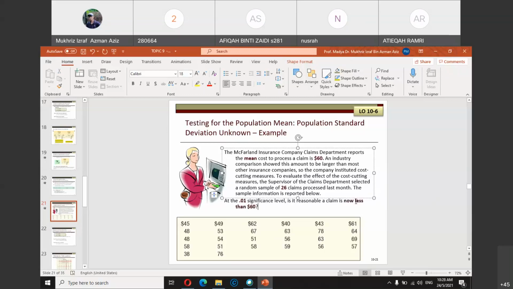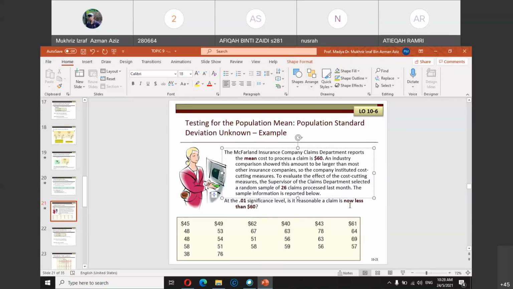The words less than mean this is what you want to investigate. They mentioned that previously it was 60 from history, from previous information, but when they collect new information, a new sample, they believe that actually the claim is now less than 60. It's not $60.